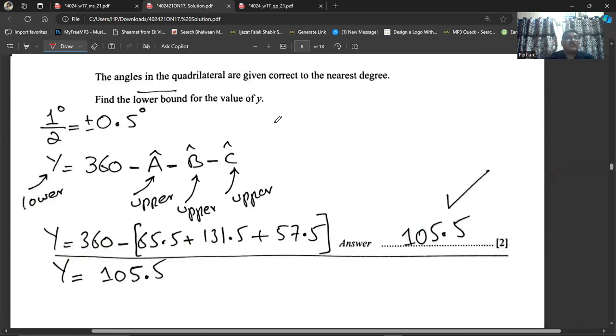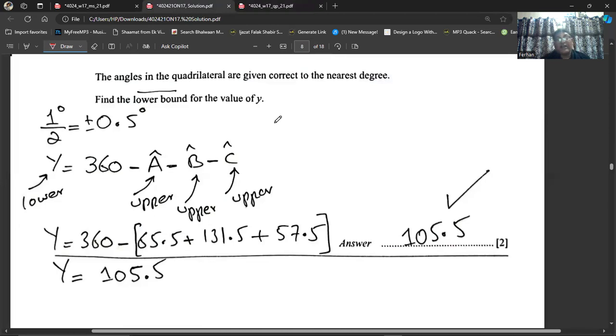Because everything is correct to 1 degree, I will divide 1 by 2, so you will get plus or minus 0.5 degrees. So the y value will be 360 minus a minus b minus c, because you want y as the lower bound. So for the numbers to be subtracted, their upper bound will be taken.